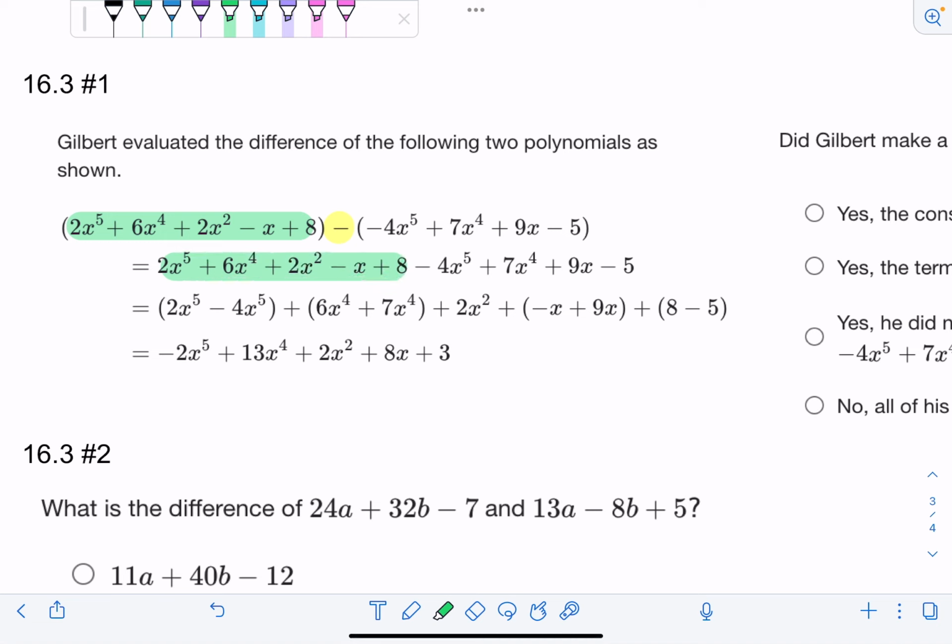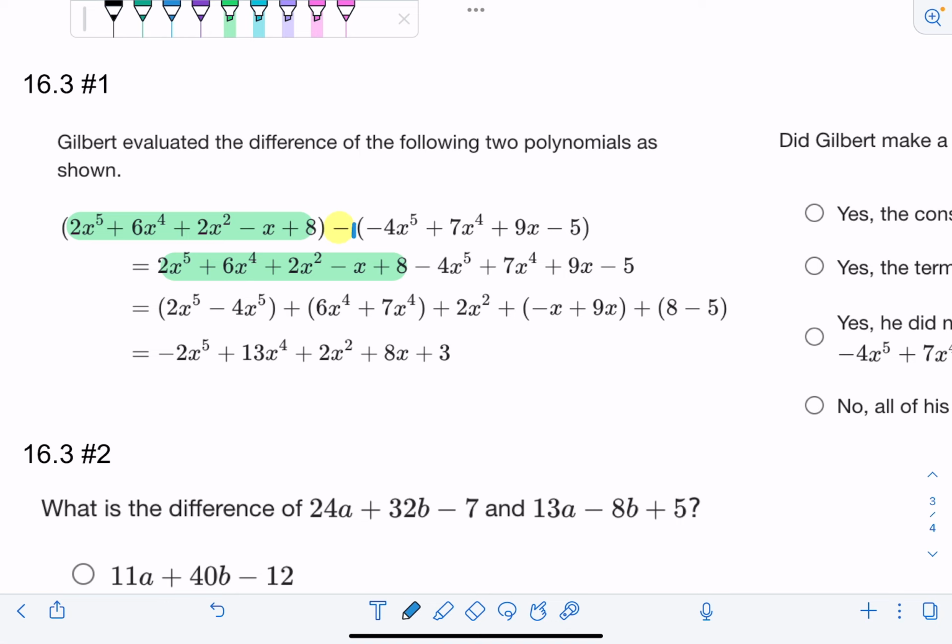And then the second thing that you do is you have to take this negative, and you can think of it as a -1 if you want, and you distribute it to the second parentheses. So you would do -1 times -4x to the 5th. When you multiply a number or a term by -1, it doesn't change anything except for the sign. So it changes positives to negatives and negatives to positives.